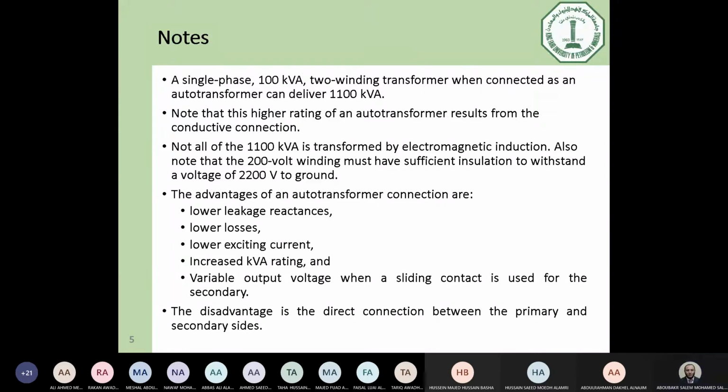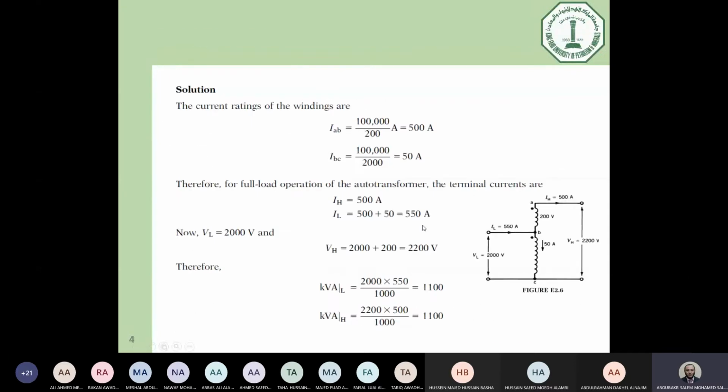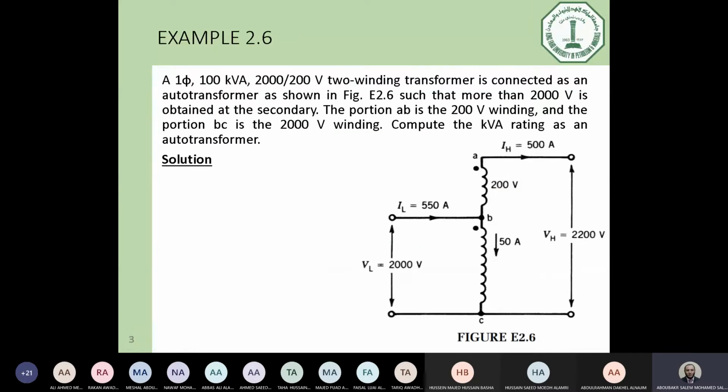Okay, why? Because if you would make the same connection, can we refer again to the example here? Now we need the secondary to be 2200, so 2200 over 2000.